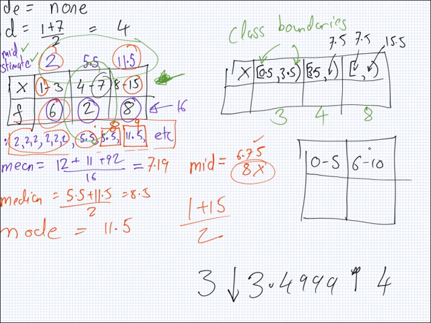For the second box here, what is the upper boundary? 10.5. And the lower? 5.5. And here, what's the upper? 5.5. And the lower? Minus 0.5. Negative 0.5. There you go.